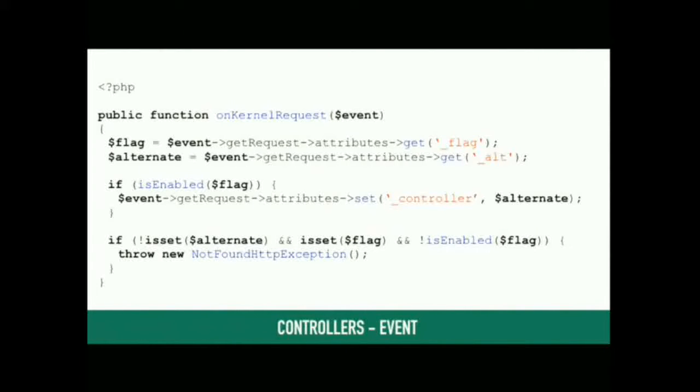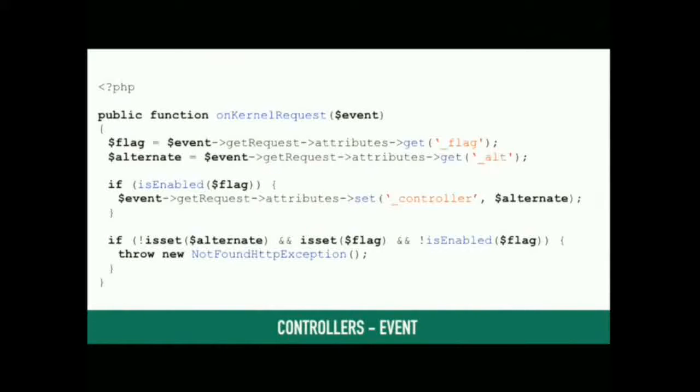Okay, here it gets a little bit more complex. What we're talking about here is not providing an alternate controller. Sometimes you have a brand new feature that you only want to be accessible to certain people, maybe a new admin panel. What you can do is set a feature flag here and see if there is an alternate controller.